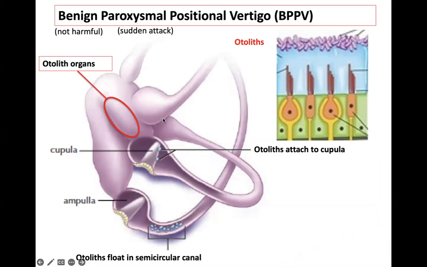Because there are some connections. When they fall into the semicircular canal, you can imagine the canal is filled with fluid. So whenever you have the heavy weight of the crystals moving around, it precipitates movement of that fluid, making the movement stronger than it should be. It causes movement of the cupula and bends the hair cells, causing confusion in the brain by sending a very strong signal.